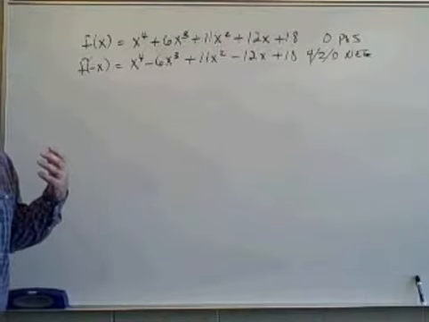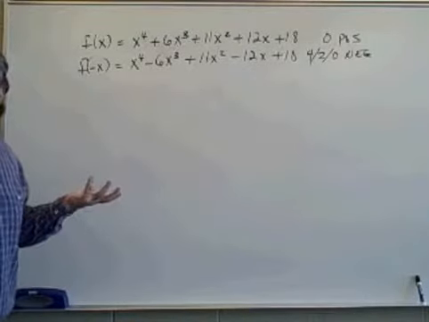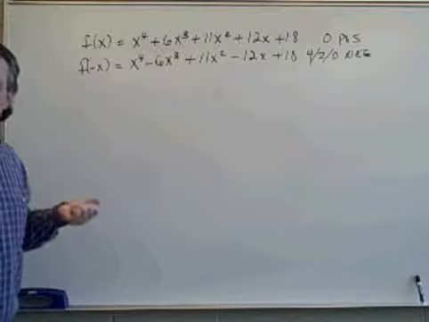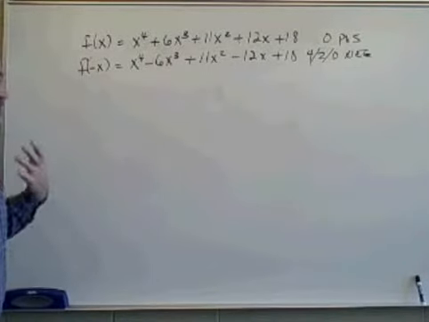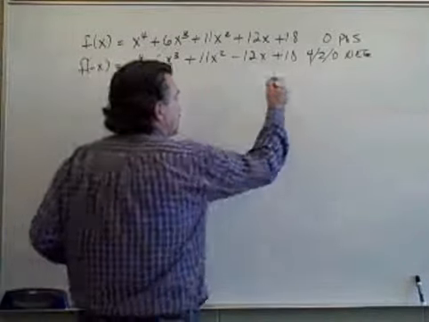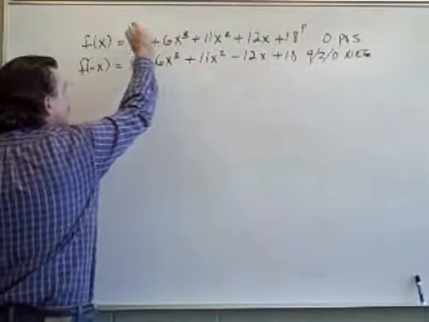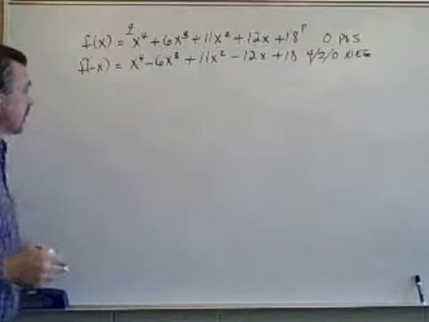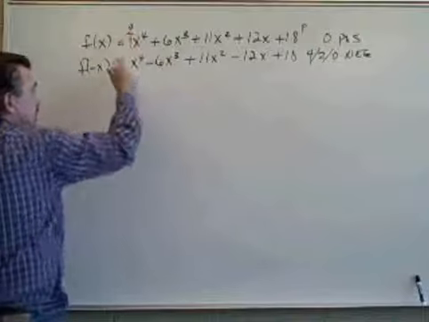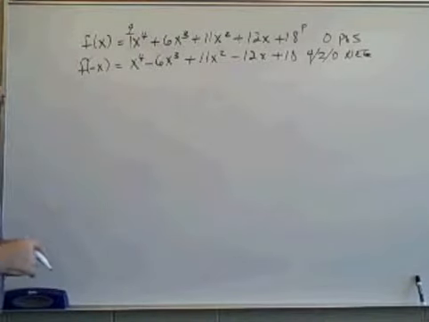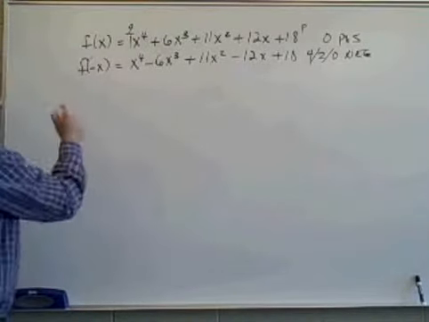Now, we need to find the candidates for rational real roots, if we have any rational real roots. We're not guaranteed, but if we have them, they have to come from the factors here over the factors here. Well, that's nice. The only coefficient I have there is 1. That's going to make things a little easier.